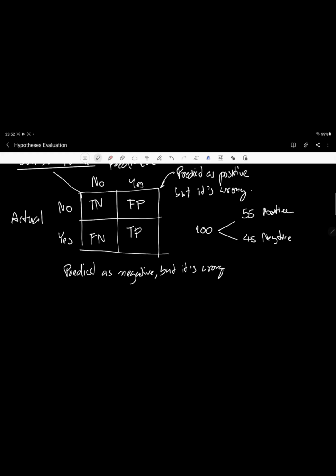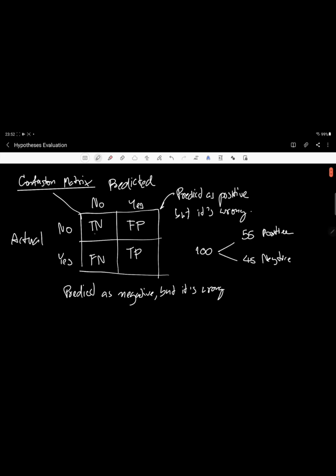Okay, and for each value, for example, here in the first cell, this one can be 42. 42 means that from 45, the true negative one will be 42.